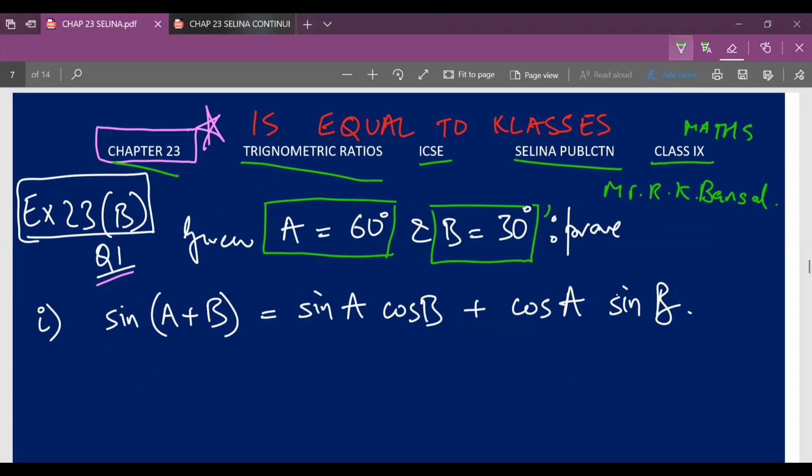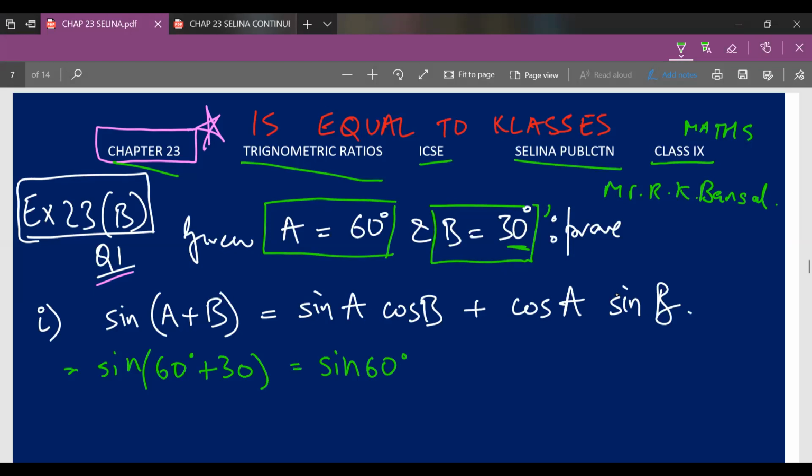So sine (A, now A is 60 degree, so I'll write that, plus B, that is 30 degree, so I'll write that down too) is equal to sine A, that is sine 60 degree. And as I've said in my earlier videos, if there is no symbol in between these trigonometric terms, then that means it is a multiplication symbol. If by chance they have mentioned a multiplication symbol here, which I think in 70 to 80% of cases they'll not mention it.